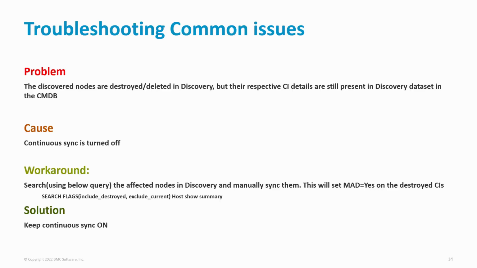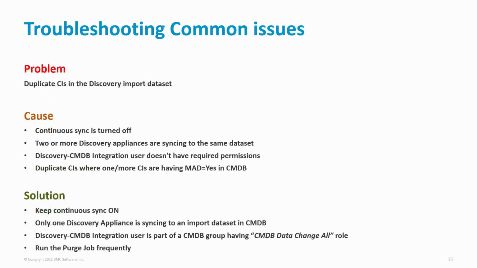The next common issue, which is duplicate CIs in the Discovery import dataset, is a very frequently reported problem. So let's talk about the probable root cause for this type of issue. The first probable root cause is that you are keeping the continuous sync off. And this could cause duplicate CIs because if a CI is destroyed in Discovery, Discovery will not send mark as delete equals to yes on that CI in CMDB, and that CI will not get destroyed when you are running the purge job.